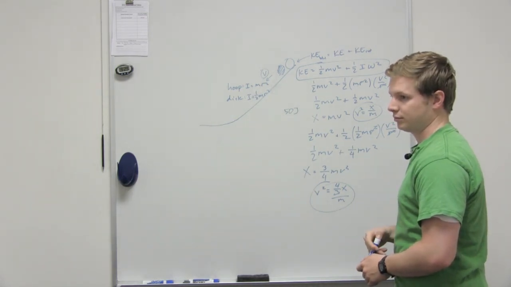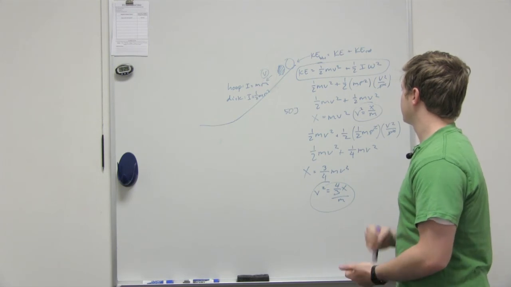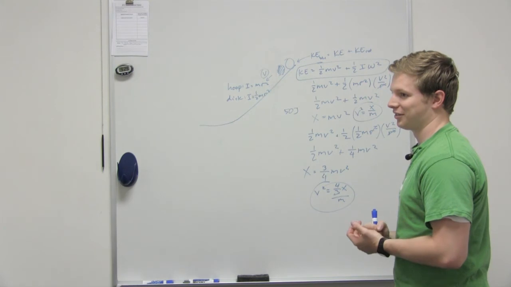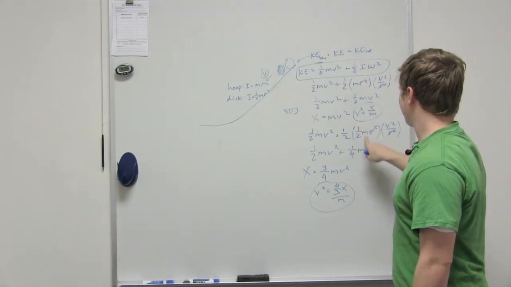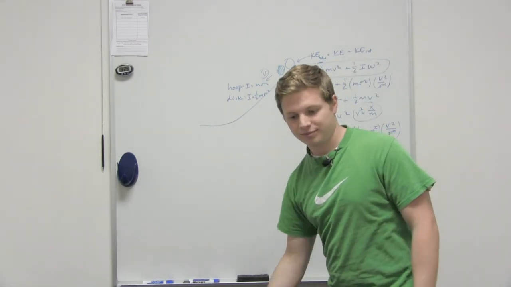I just put both because I figured same mass, same radius, what's the difference? It's because they have different moments of inertia, even though they have the same mass and radius.